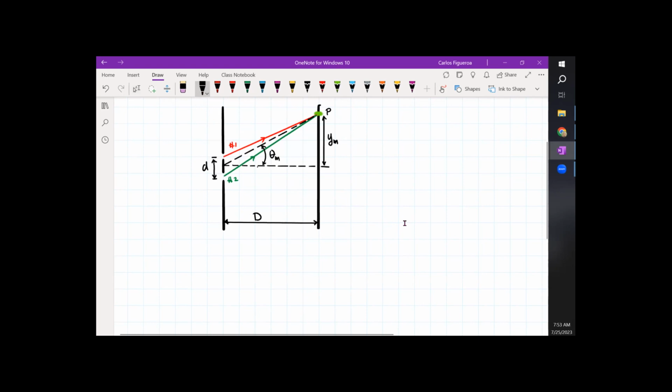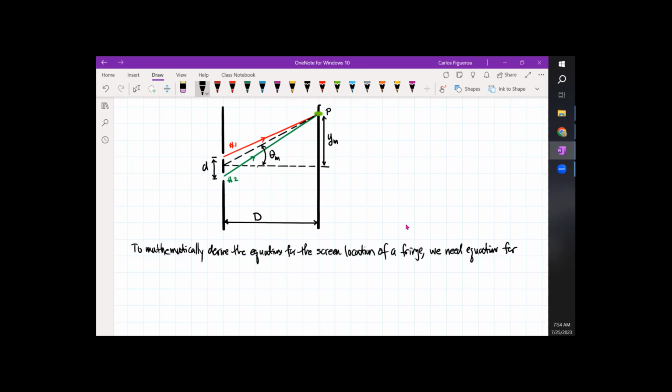The first thing I've got to say is that to mathematically derive the equations for the screen location of a fringe, we need equations for y of m and theta of m.